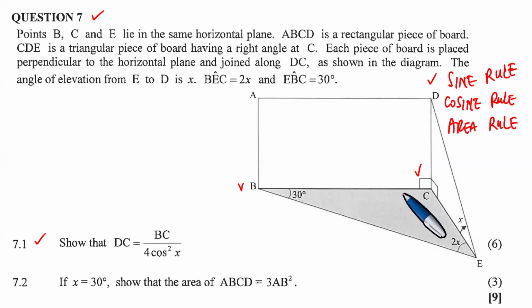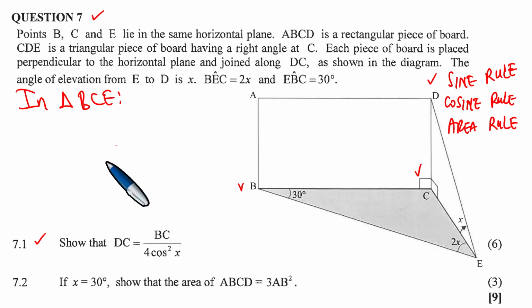And then if we have the BC, we can get, for instance, this particular side here. So we can say, in the triangle at the bottom, in triangle BCE, we want the BC to appear.